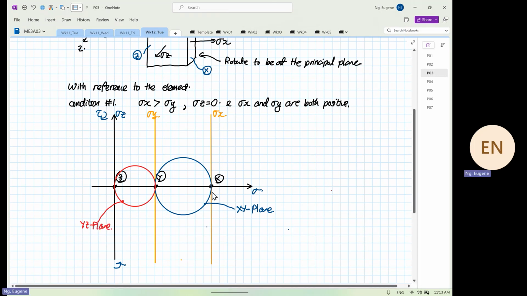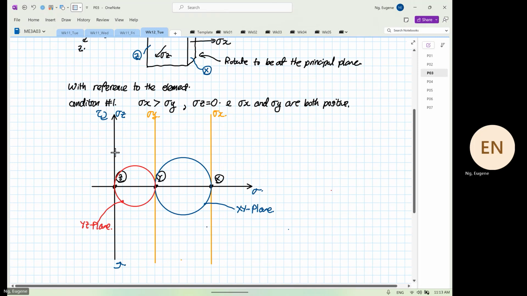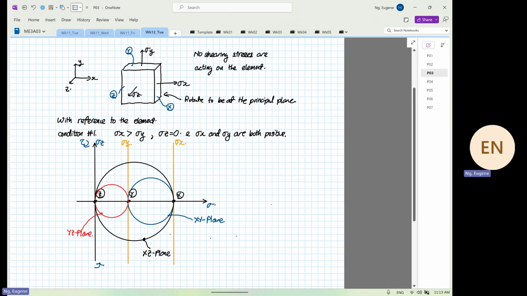And the last circle I'm going to sketch is here. Now this belongs to our XZ plane.